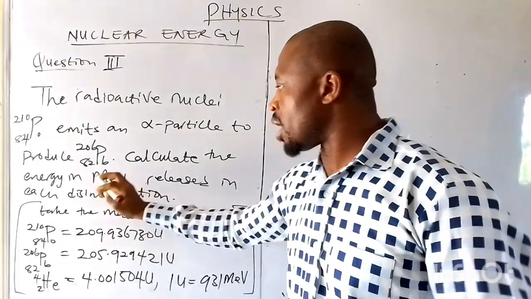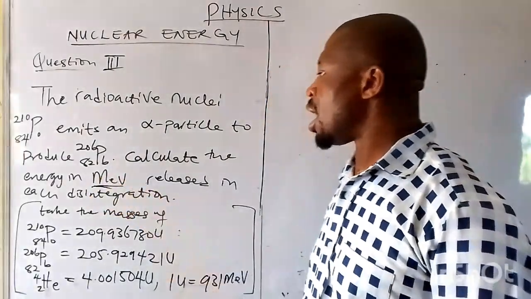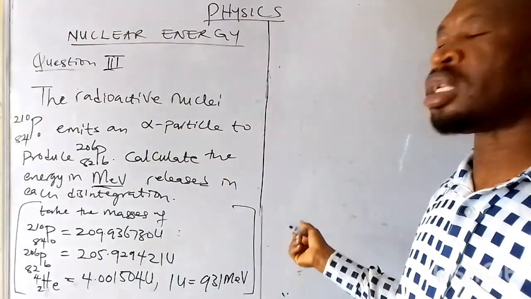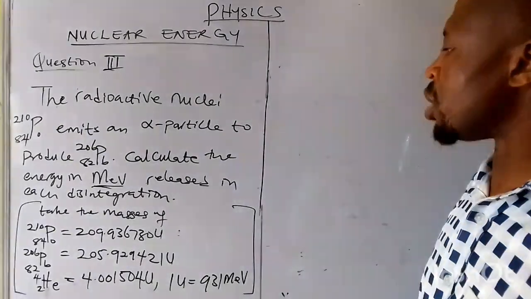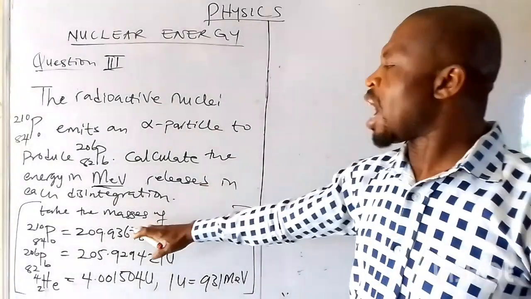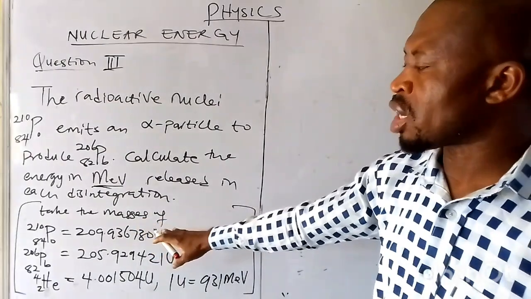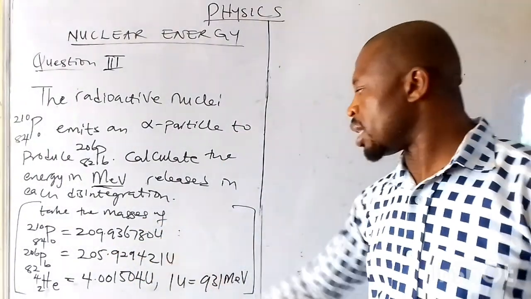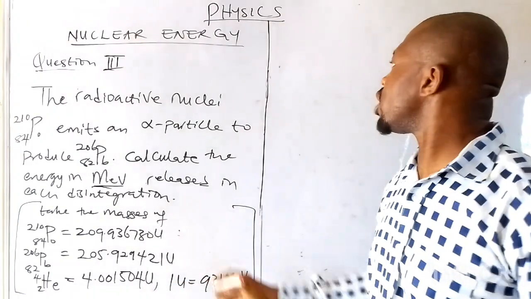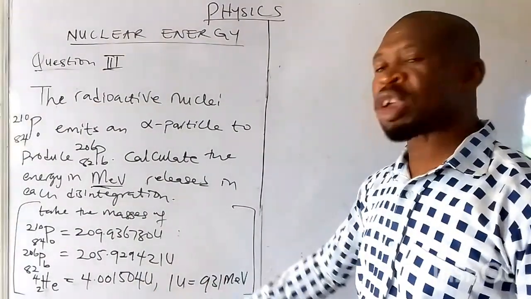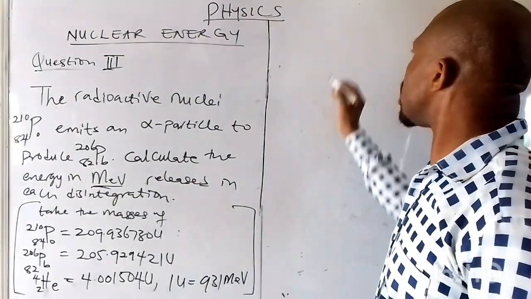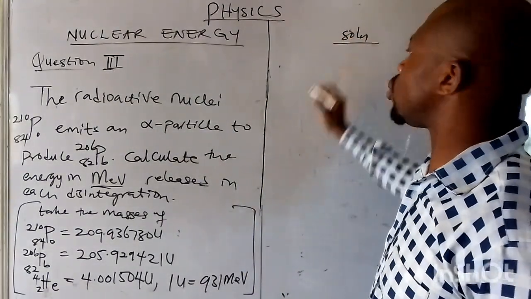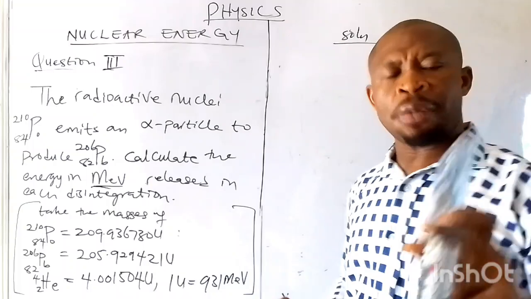This one now says a mega electron volt released in each disintegration. We have the masses of polonium, lead, helium, and the mass number given, and one atomic mass unit given to us in MeV.